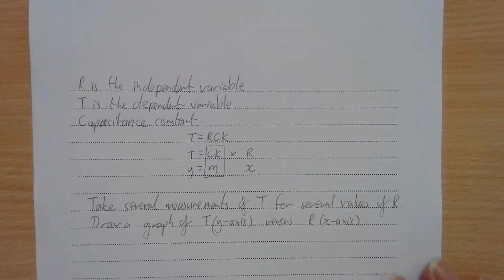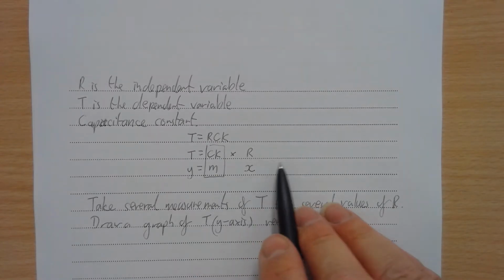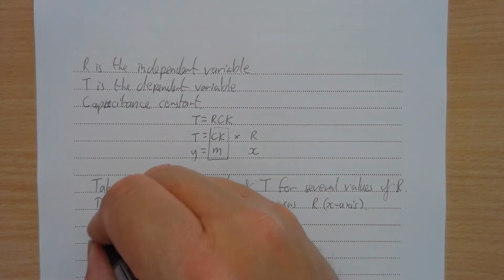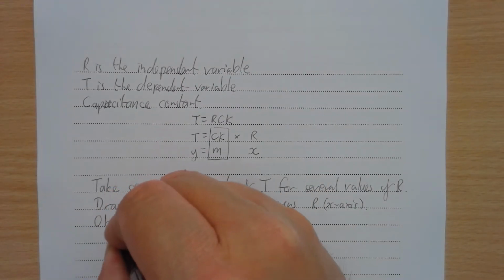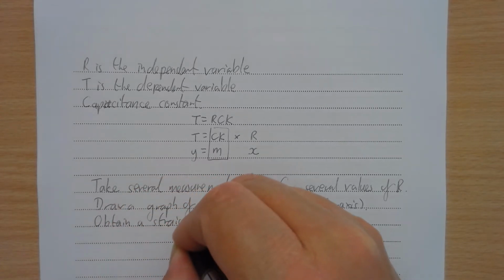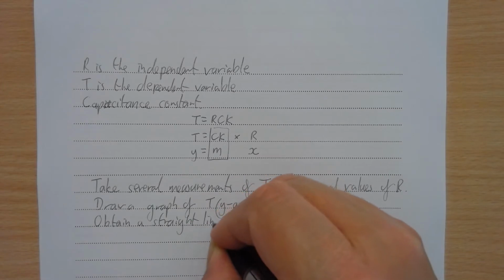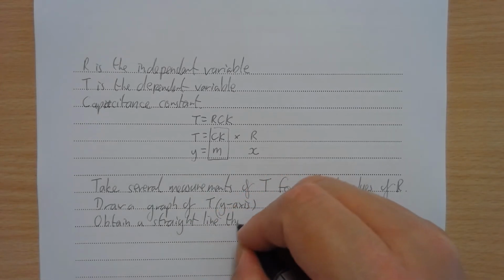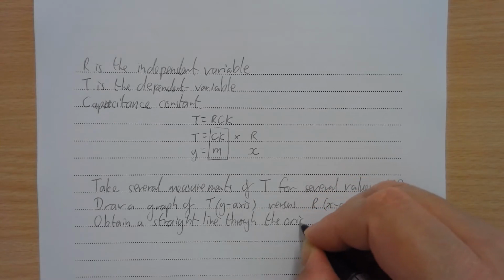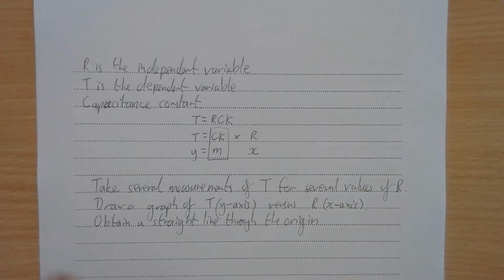So what would we get? Well, we know there's no plus C element here, so it would be a straight line through the origin. So you would obtain a straight line through the origin. This is the kind of stuff that's the same for almost every paper.